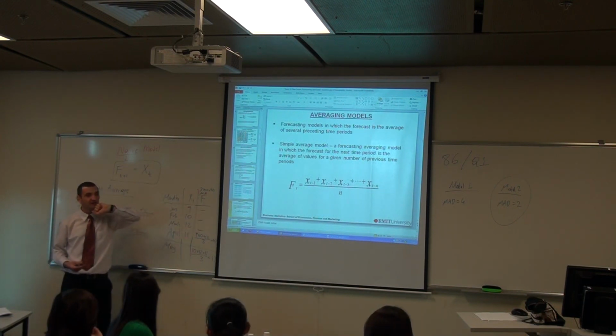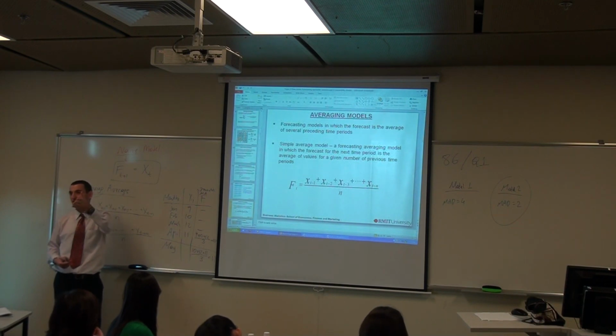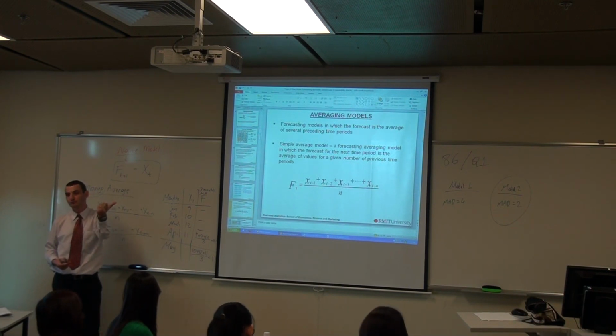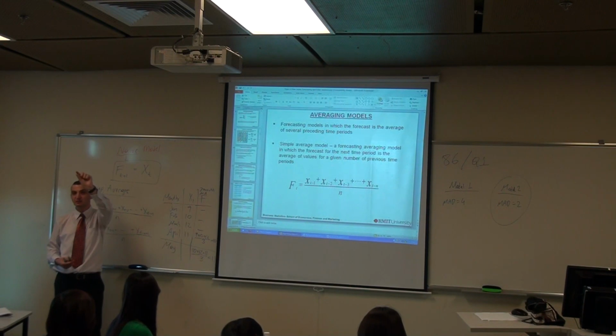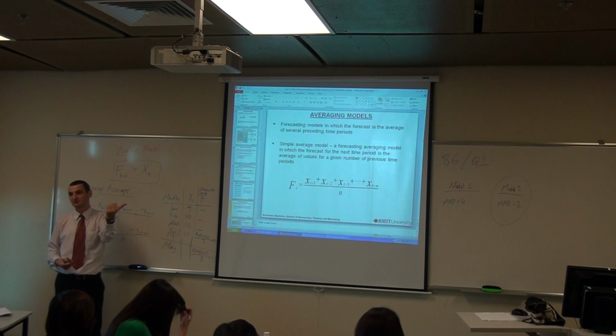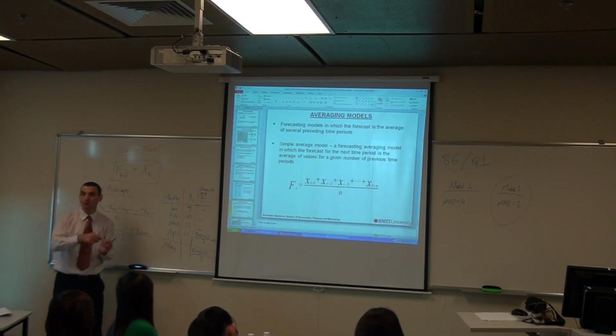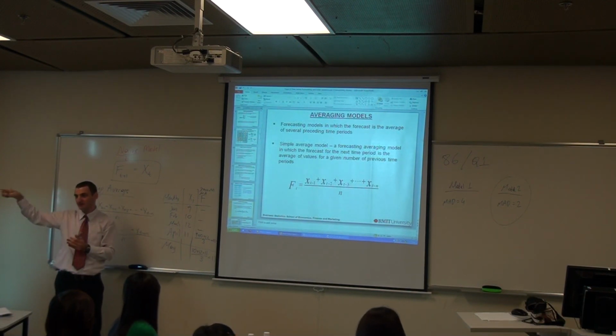If you go to the internet, the website I gave you for assignment 1, assignment 2, there are options there. You can click, you can have a 6 months moving average of stock prices, or 3 months. They give you all the averages with the graph as well.